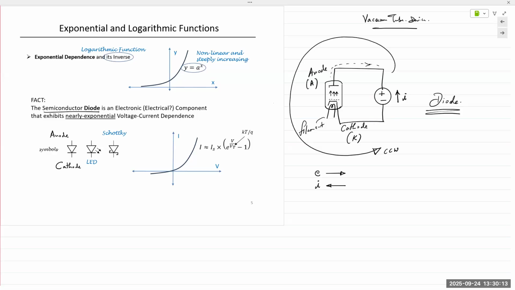And for a diode, this is known as the diode equation.